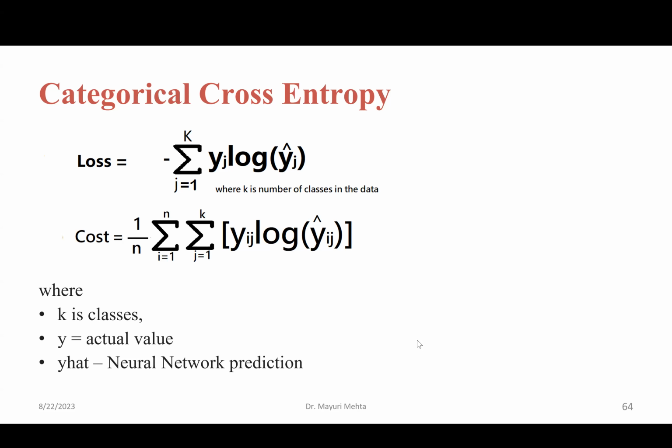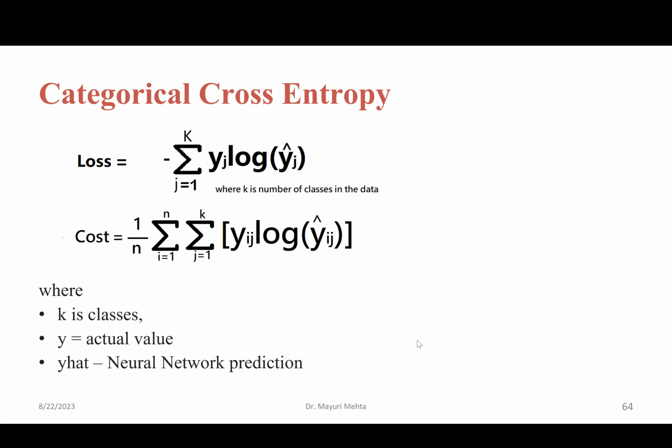Loss function measures the error between predicted and actual value, while cost function quantifies the overall cost or error of the model on the entire training data set. That is called cost function. Loss function is used to optimize the model during training, while cost function is used to guide the optimization process by minimizing the cost or error.